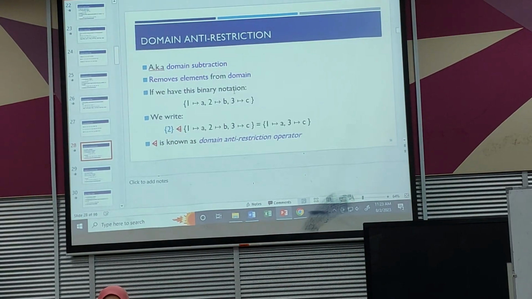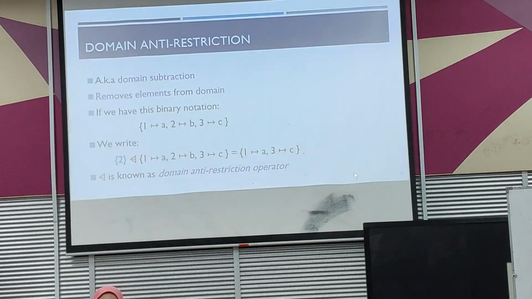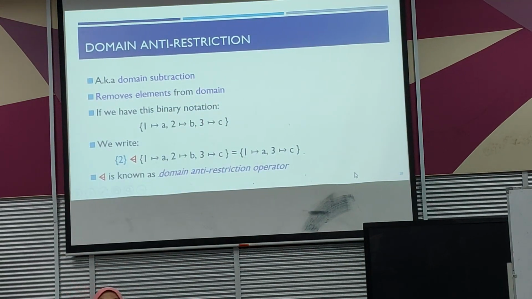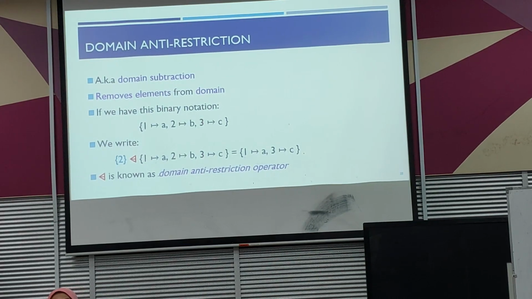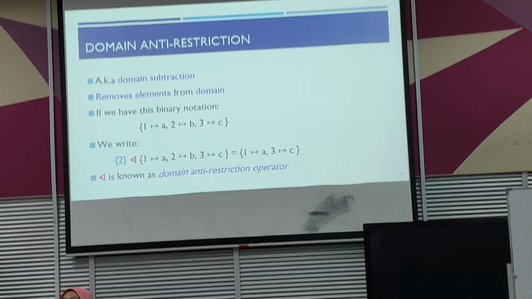Okay, so after you have done with domain restriction and range restriction, those are searching the data and produce the result. If no result found, it will be empty set. You can also do another one, what we call as anti-restriction. Anti-restriction, another name is subtraction.